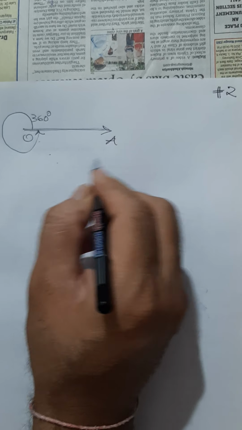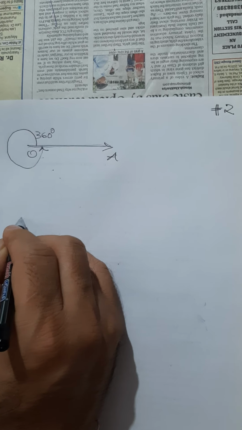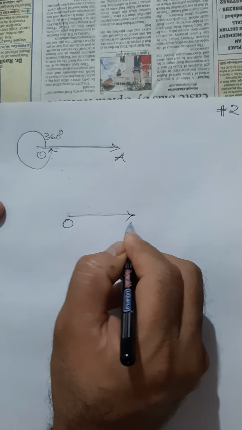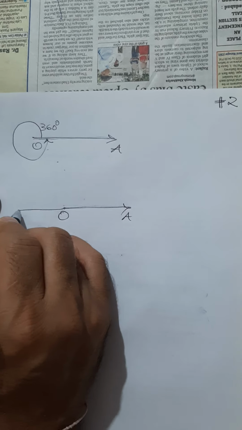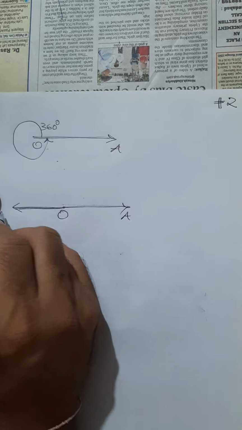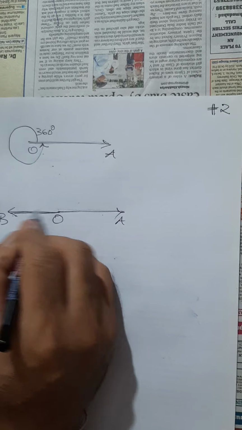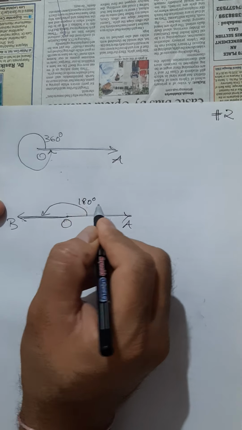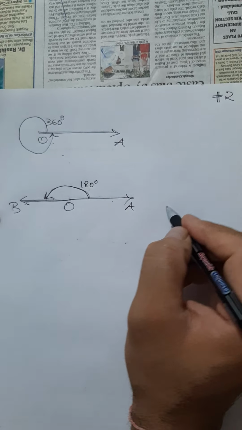So here theta, the measure of the angle, is 360 degree. If this is, for example, the starting ray, and from this I take this much rotation only, half rotation, this is B, the ending ray, the final position, this much. This is called 180 degree. Remember, so this measure of an angle is nothing but 180 degree.